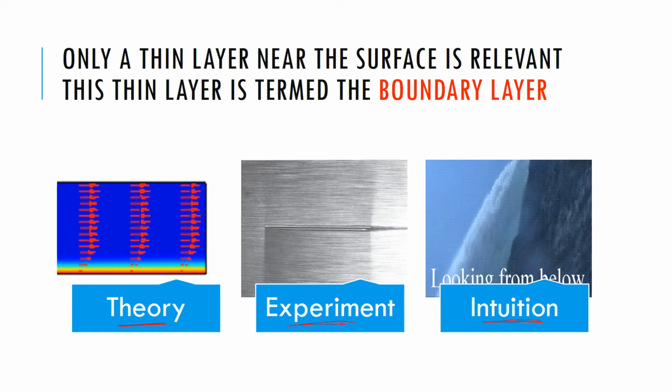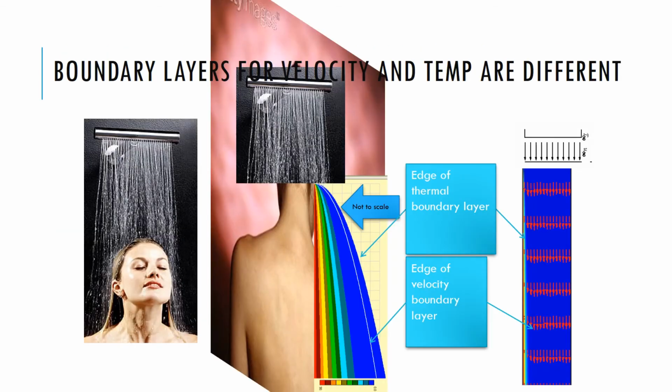This thin layer is termed the boundary layer. Now, just to bring in some everyday example, I don't know if you noticed that when we turn on the shower, where the water hits first, we feel the coldest or the warmest depending on the water temperature in relation to the body. I don't know if you notice that, but I do.